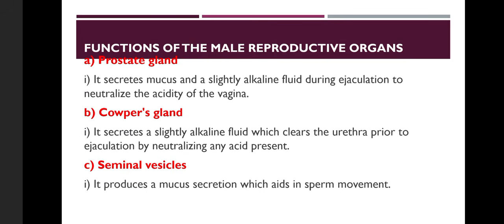The Cowper's gland, on the other hand, also normally produces a certain fluid that is alkaline in nature, and that fluid normally helps to clear up the urethra prior to ejaculation by neutralizing the acidity of urine in the urethra. The seminal vesicle normally produces a mucus secretion, and that mucus secretion normally mixes with sperms to ensure a smooth movement of sperm within the female reproductive system.